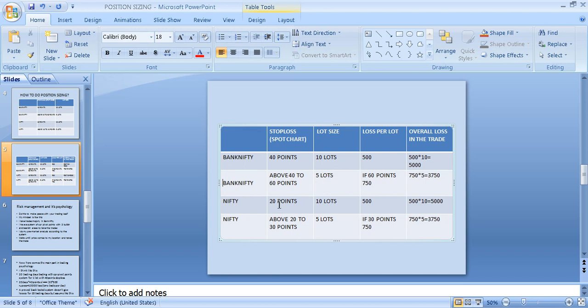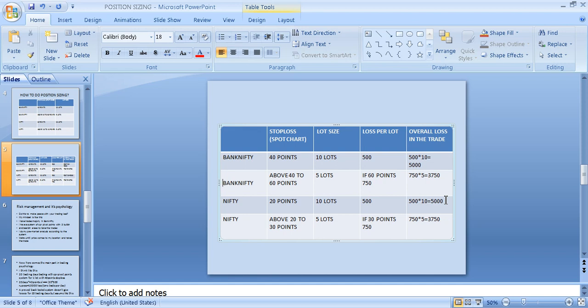Now this is the 20 point stop loss. When the stop loss is below 20 points, I will go with 10 lots. If that is a losing trade, I am going to make a 5,000 rupees loss. For example, if this is a winning trade, I am going to get 10,000 rupees. Remember this point: once you have entered your trade, without getting 1:2 risk reward, please don't exit your trade, because not every single day are we getting profitable trades.